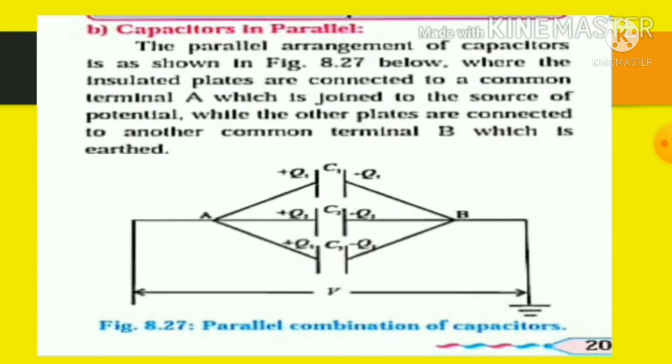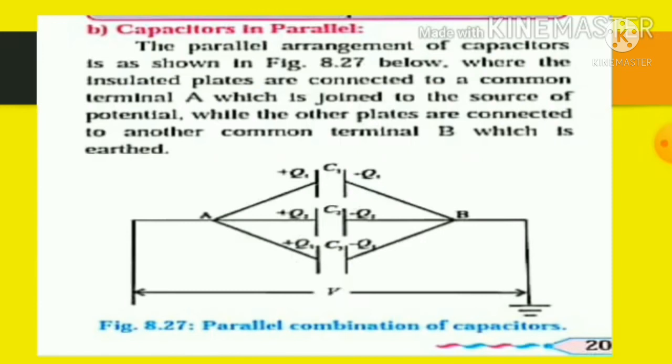Their common point of the first plate is A, and the common point of each and every capacitor's second plate is B, which is shown in figure 8.27 below.